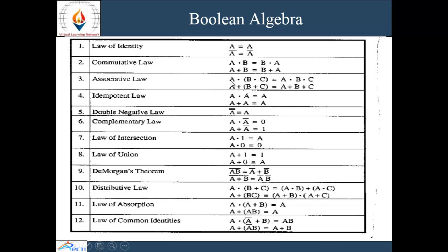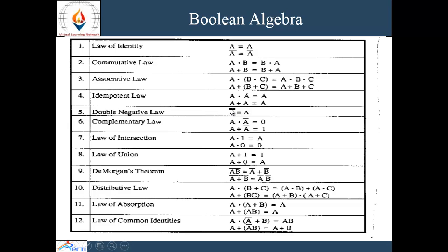Next is associative law, that is A into bracket B into C. Means if you perform AND operation of A with the AND of B and C, then the output will be same as A into B into C. Similarly, A plus B plus C is equal to A plus B plus C. If you perform the AND operation between A and A, then A and A will always be equal to A, and A plus A is always equal to A. Next is double negative law.